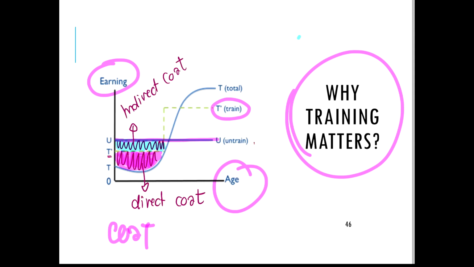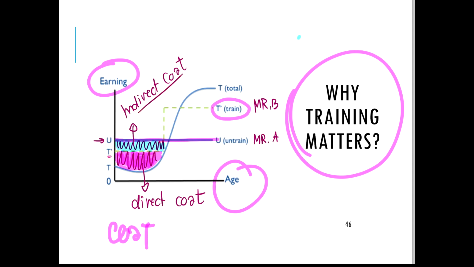We have two people, Mr. A and Mr. B. While Mr. B is training, Mr. A gains money, right? He has a wage at the untrained level.